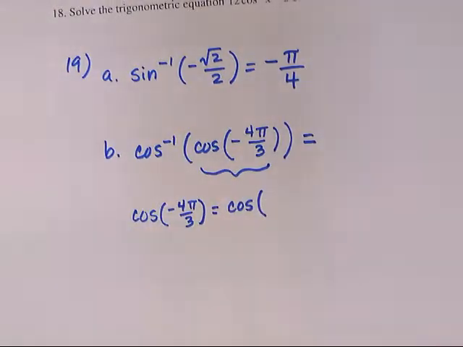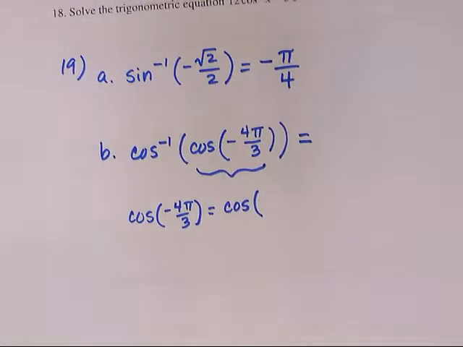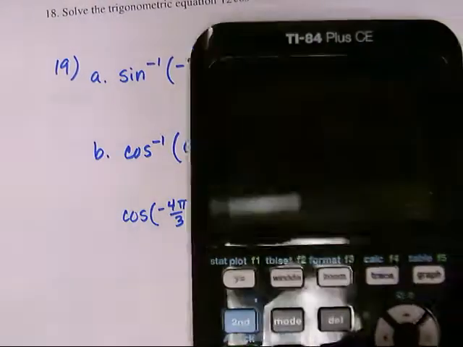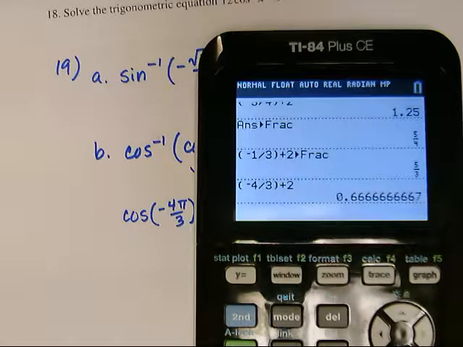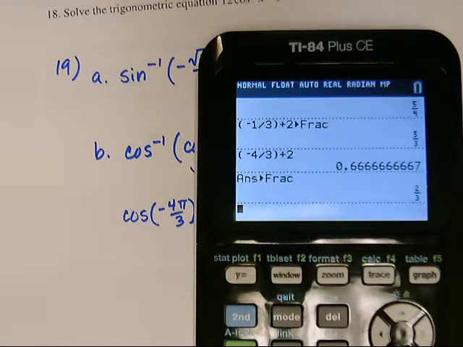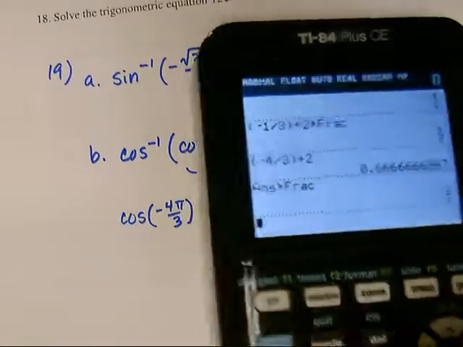I like to use positive angles here, so if I add 2 pi to the negative 4 pi over 3, it'll be 2 pi over 3.